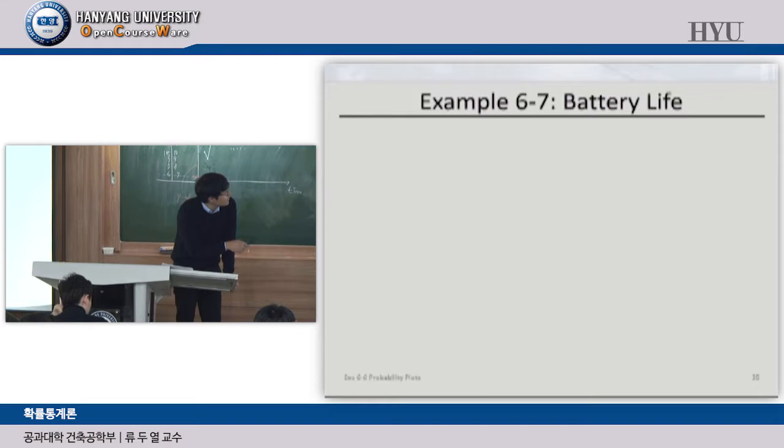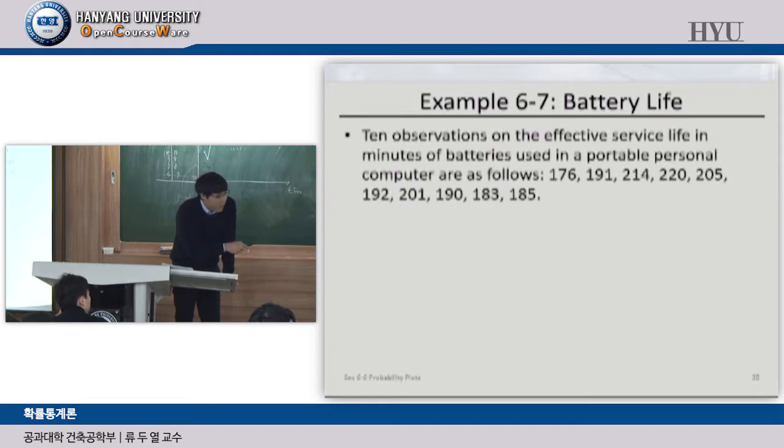This is example 6-7 about the battery life. Ten observations on the effective service life in minutes of batteries used in a portable personal computer are as follows: 176, 191, 214, and so on, and 185.